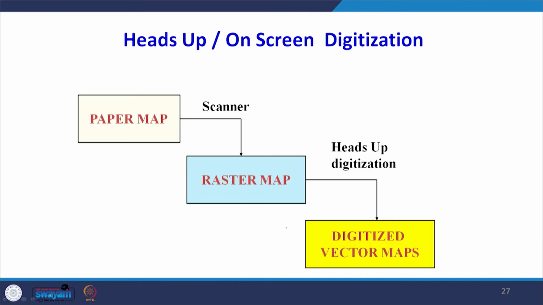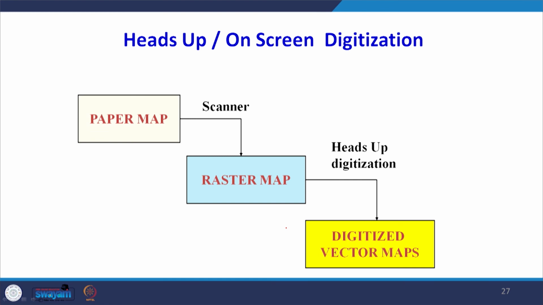So now we have scanned the map. We are using a technique which is called on-screen digitization, the heads up technique. Heads down technique was the technique where we use the digitizing table in order to create the vector map.